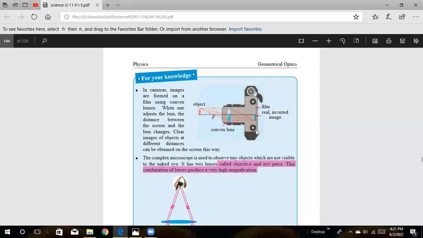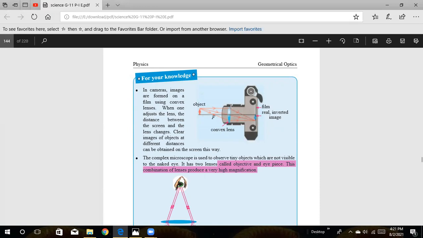This is the film. You know this is a film roll. The light ray that goes to the optical center of the lens does so without any bending. Here is the image, a real inverted image. You can see this on the film roll.